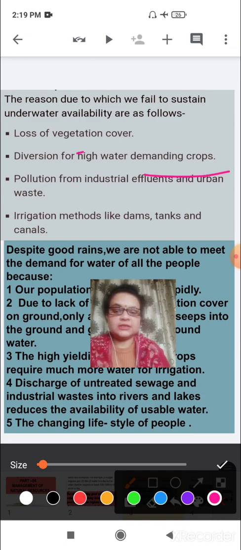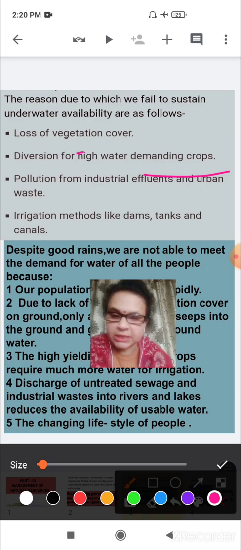Another reason is pollution from industries and also waste coming from urban areas and cities. Other methods like irrigation through dams, tanks and canals are also a reason due to which we fail to sustain underground water availability.